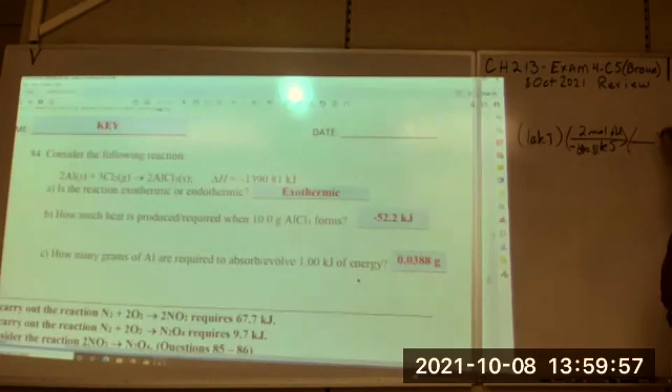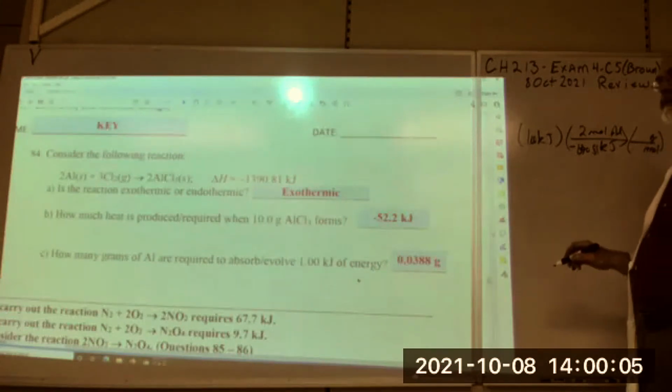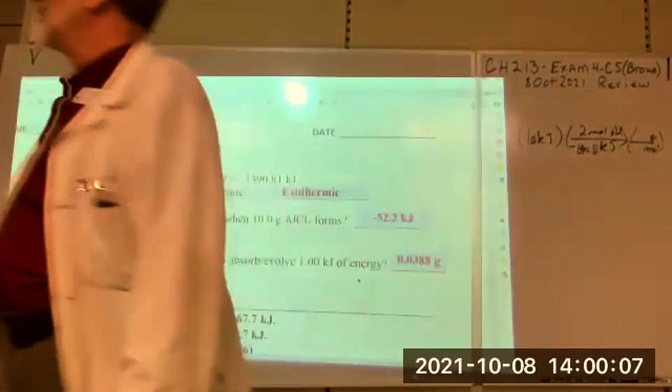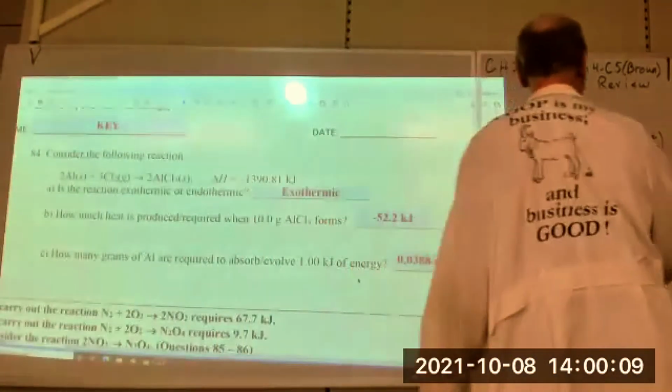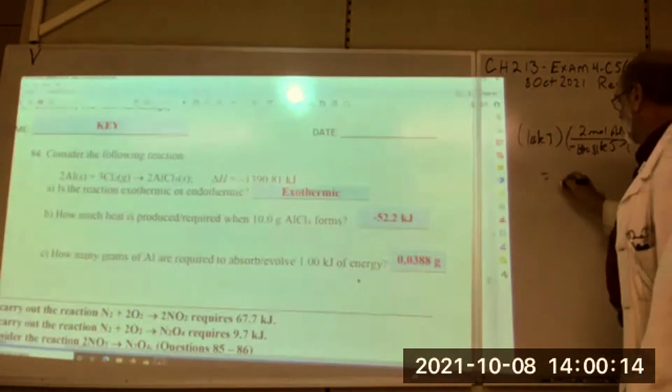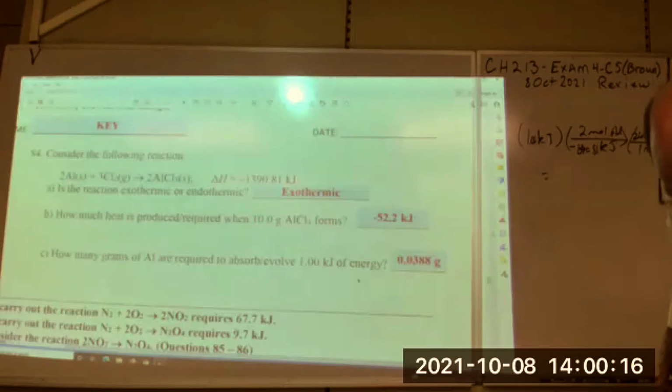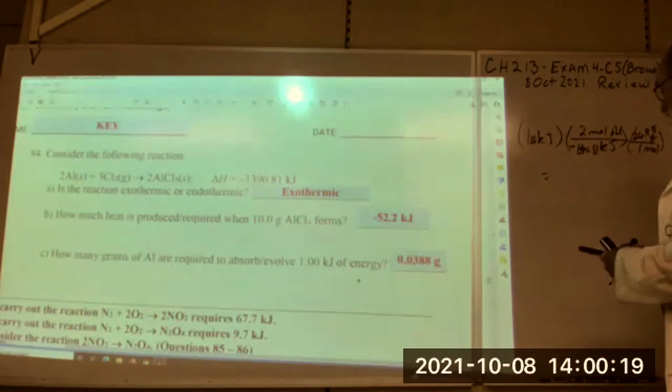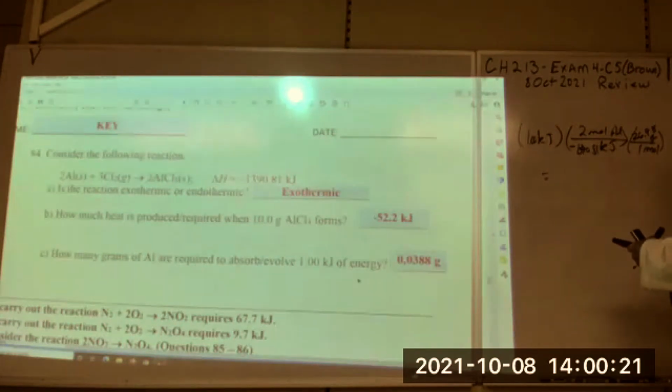Okay. And then it wants grams, yes. So we need grams, 26.98, wasn't it? Yeah, 26.98 aluminum. There we go. So resolve that calculation: 2 times that and 26.98 times that, and divide by this value.